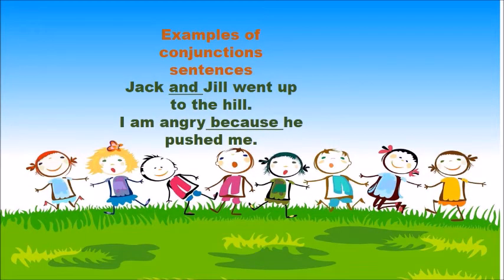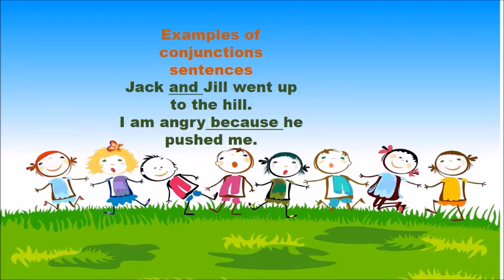Okay, children, in this slide, we will see example sentences of some conjunctions. See the first one. Jack and Jill went up to the hill. So the word and is working as a joining word. It is helping to join Jack and Jill, to join the words.